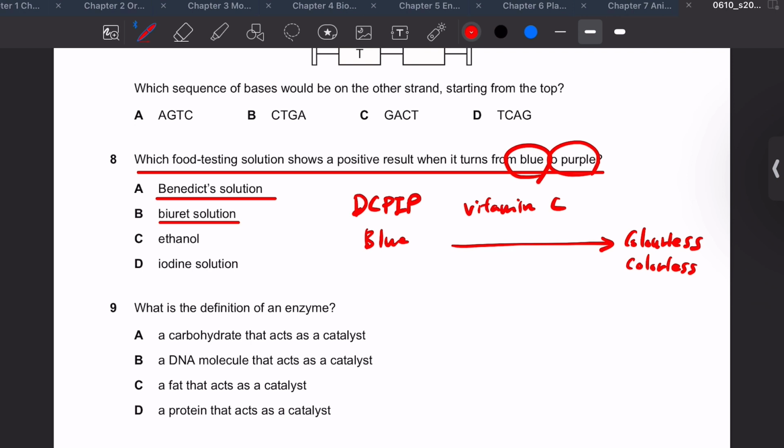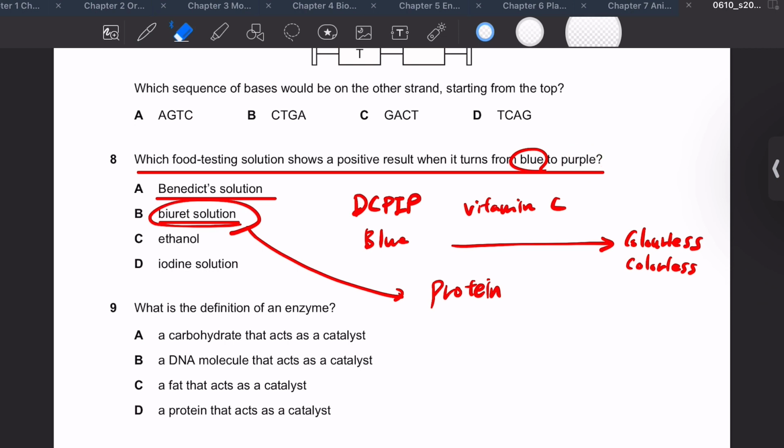In this case, the color change happens from blue to purple, and that belongs to the Biuret solution. So, the Biuret solution tests the presence of protein.